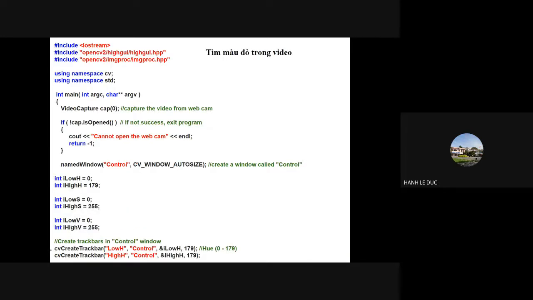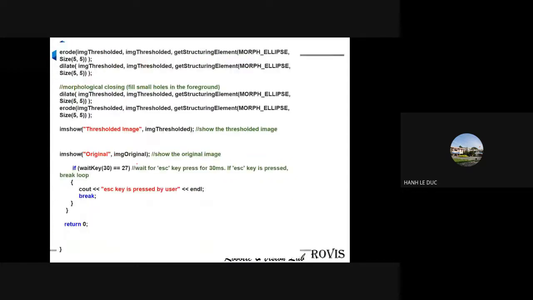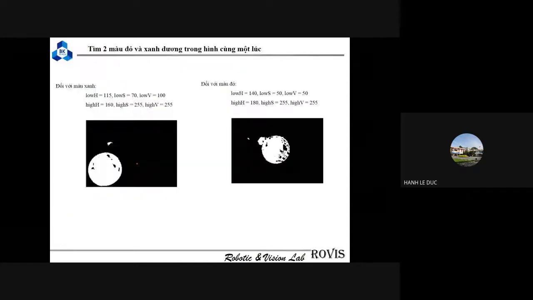So this is the code, and I think you can use it as a reference. For example, I want to recognize not only purple but also the red color.